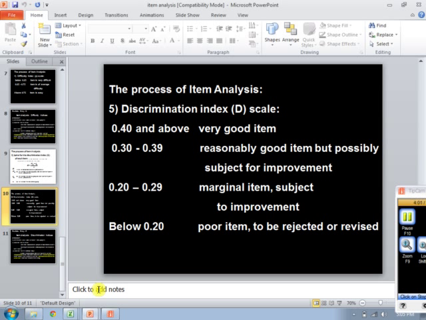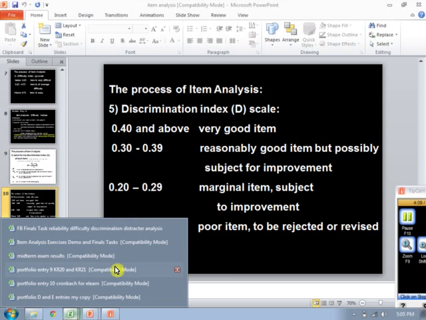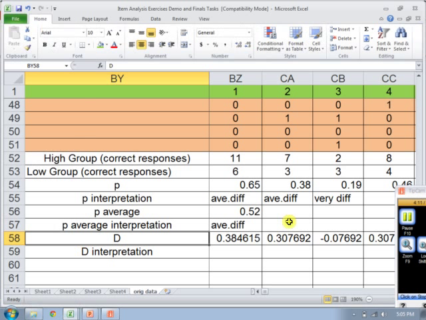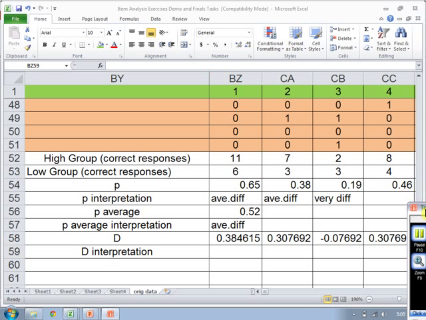Okay? And if it's 0.20 to 0.29, get back to this item and improve it. So let's do that a bit. We'll do a few items muna. So how about number 1 item? Reasonably good. Reasonably good item.